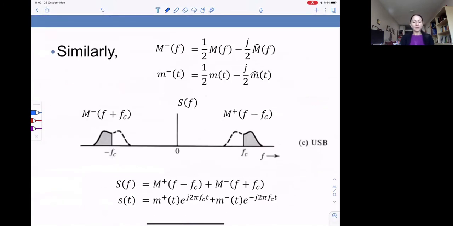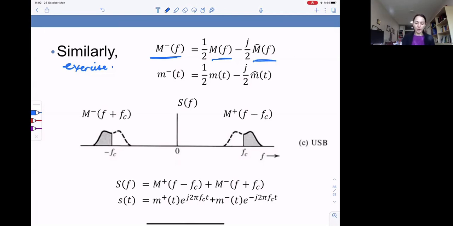So how about the red part? This is an exercise for you. Show that the red part can be expressed as m of f over 2 minus j over 2 m Hilbert.